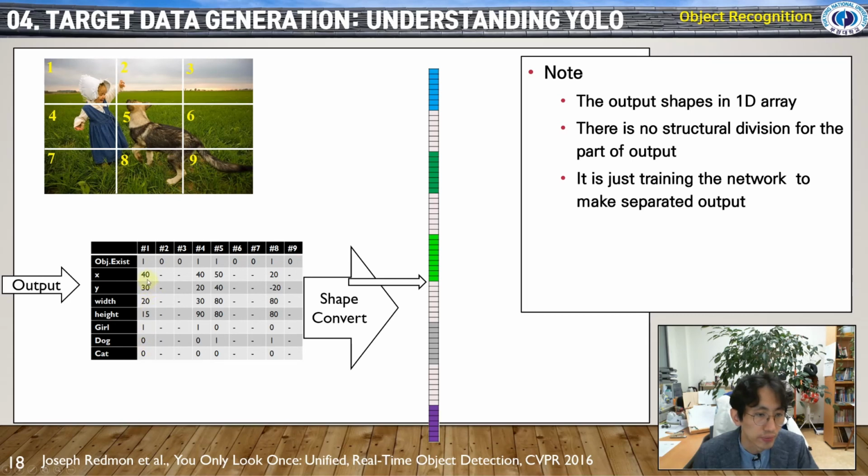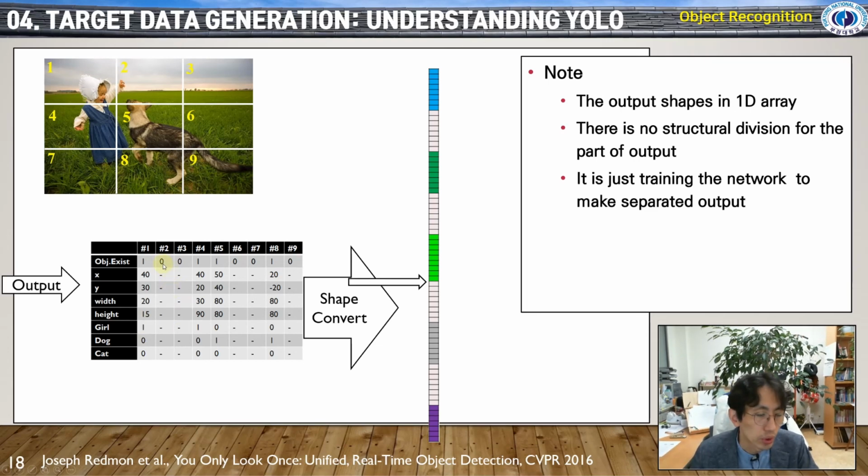There are 4 pieces of information, right? X and y coordinates and width and height, and then we have 2 for the 2 types of dogs, and in lots of cases they are 0. So you have to set some weights for that.